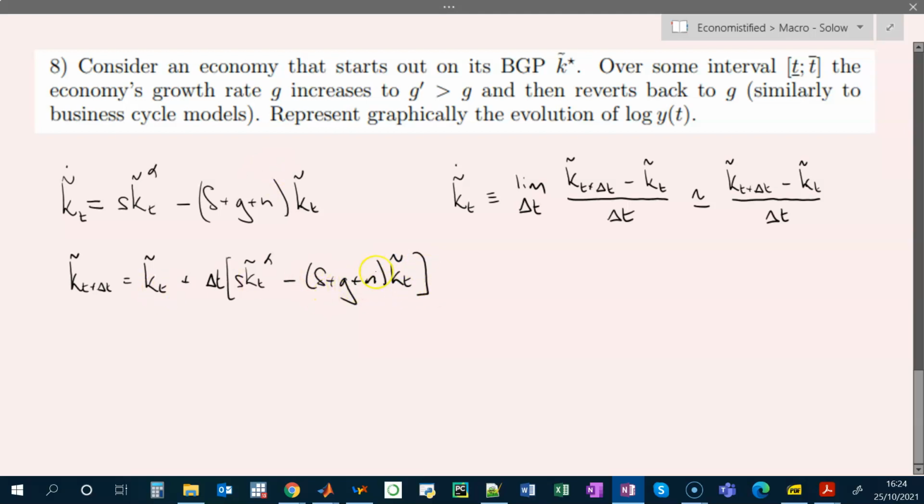Obviously delta, g, n, s are all just parameters, but starting from my initial condition k tilde 0 given, I can then find k tilde at delta t and then k tilde at 2 delta t, etc. for any t.